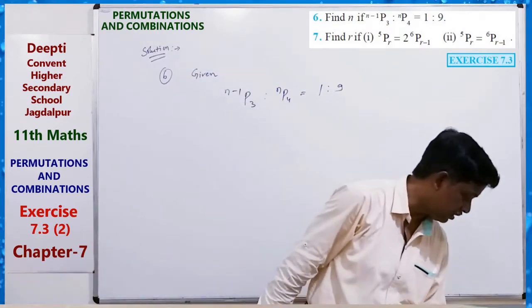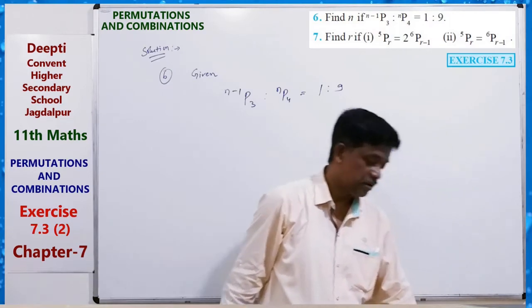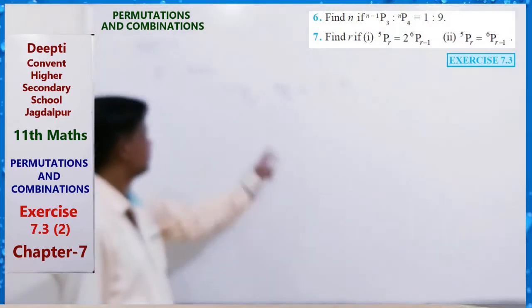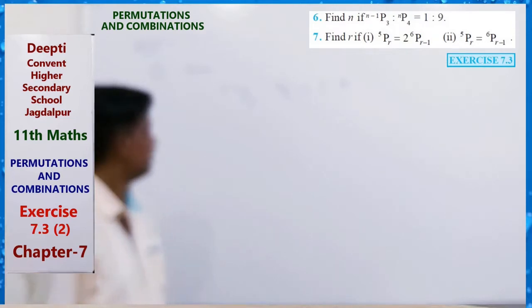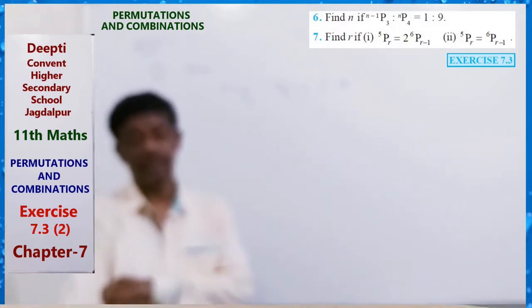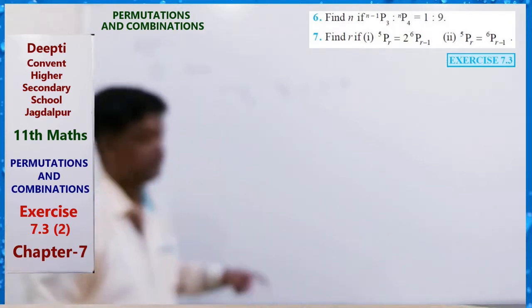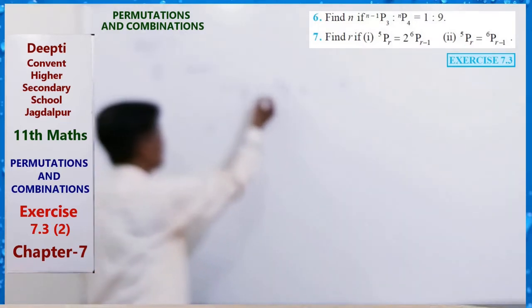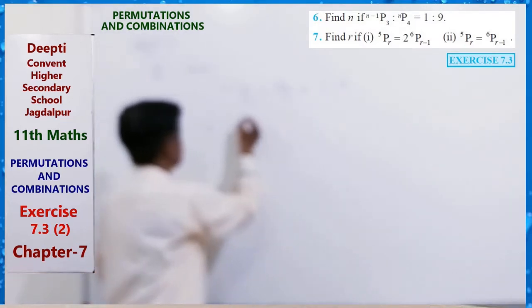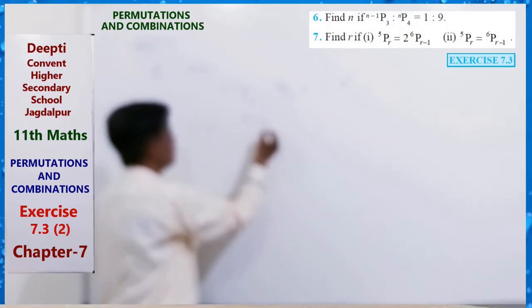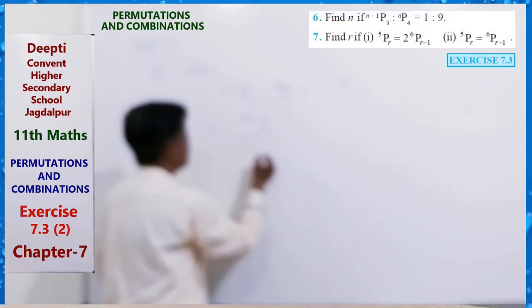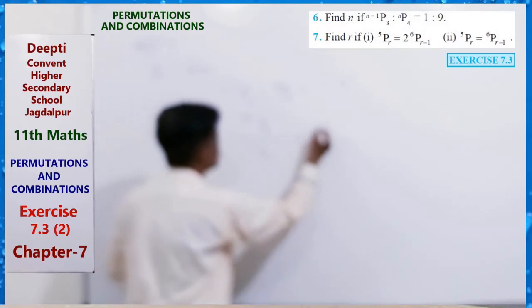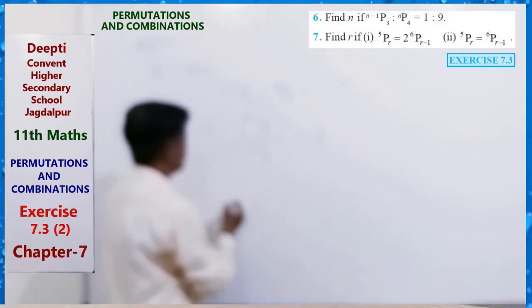Question 7, 1 and 2 are also there. We have to find n. So this type of relation is given and we have to find the value of n from here. This is a ratio. That means n minus 1 p3 upon n p4 equals 1 upon 9. We can solve it.